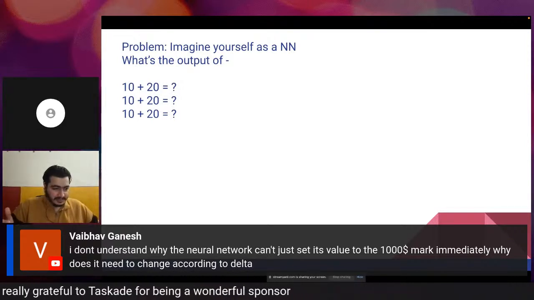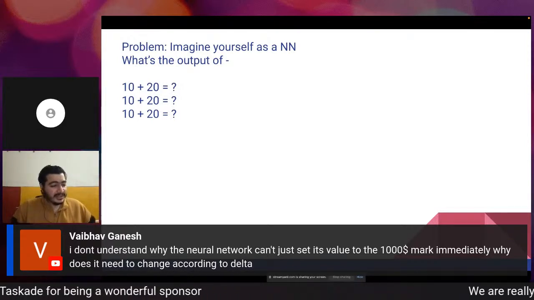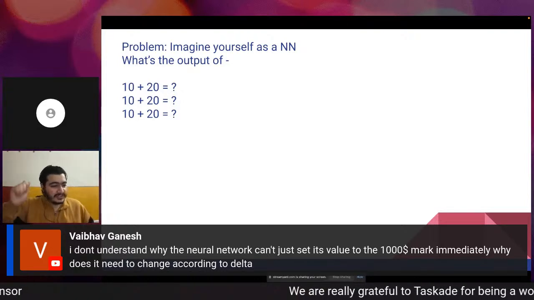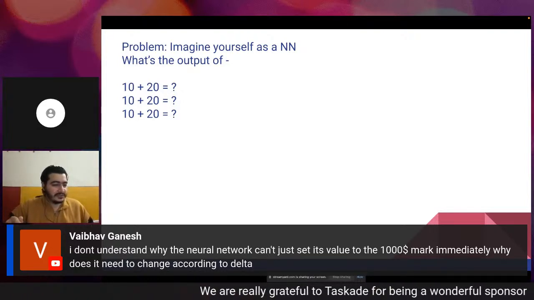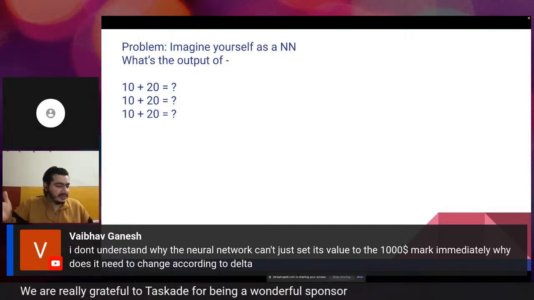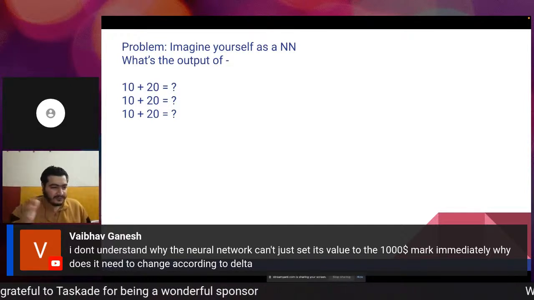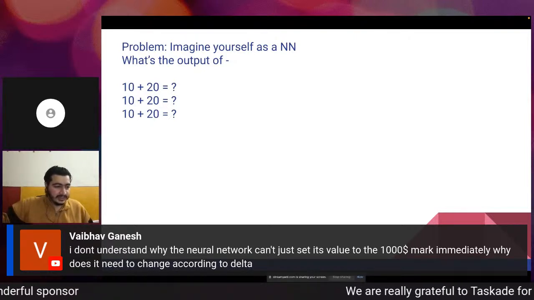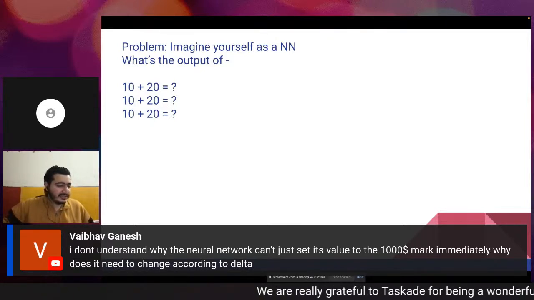If the land is big, what we know is that the price is also going to go up. So if you fix the output at $1,000, the network just learns nothing. It's a kind of if-else condition. If the input is 100 square meters, the output is 1,000. Else, I don't know, it can be random.